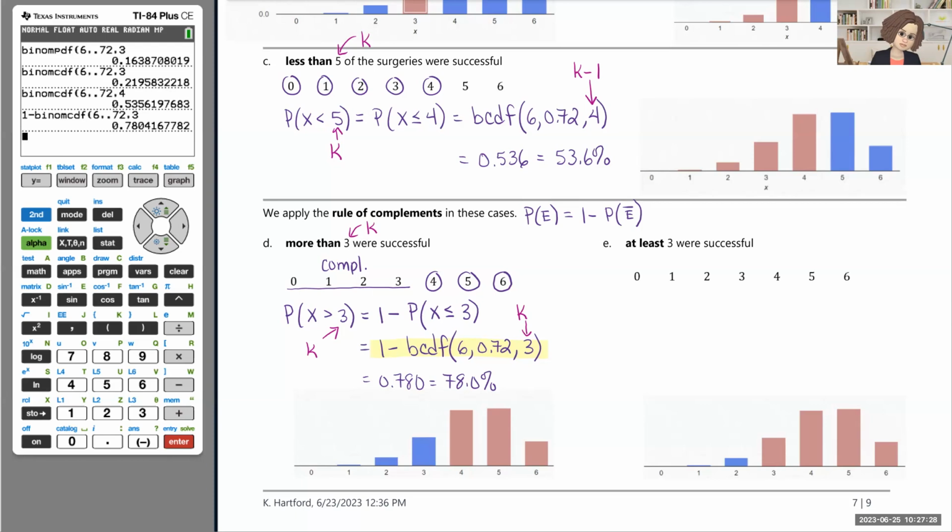Okay, one more case. At least 3 were successful. So that question would be the probability that x is at least 3, which is 3 or more. So 3 or 4 or 5 or 6. All right, so we're going to do our rule of complements in this case. So it will be 1 minus the probability that x is less than or equal to 2.